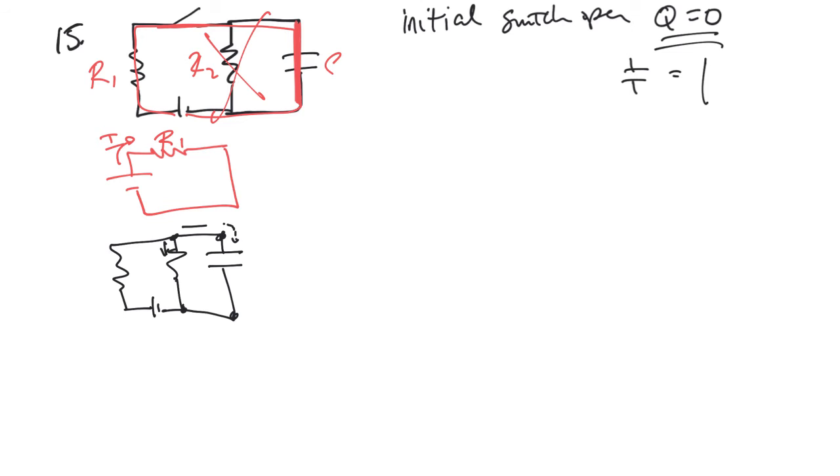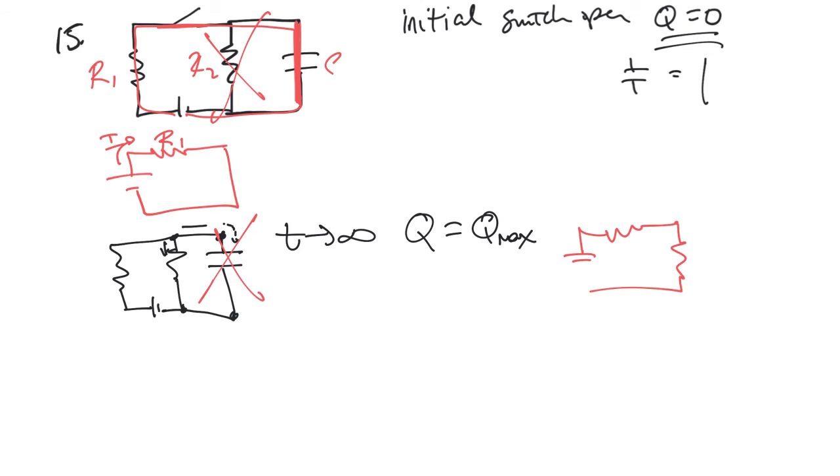So that charge is going to build up, but then after a long time, when the capacitor is full, then it looks like a break. And so it'll just look like R1 and R2.